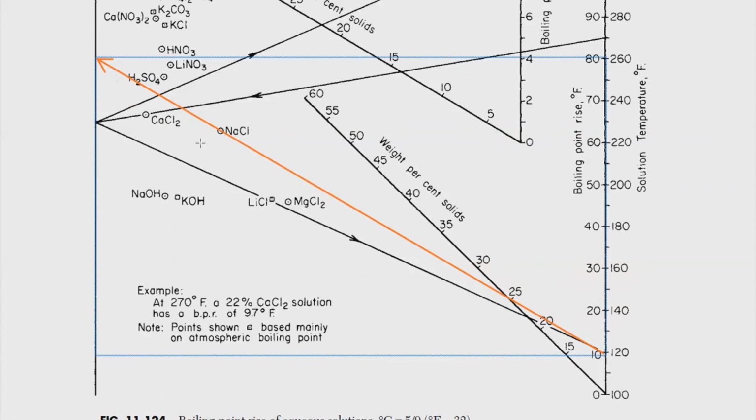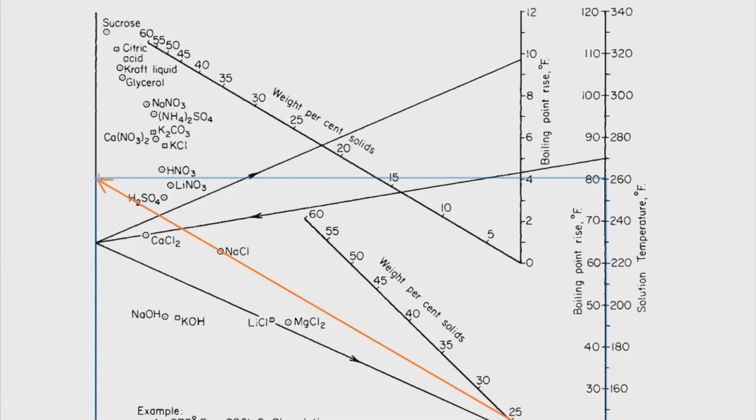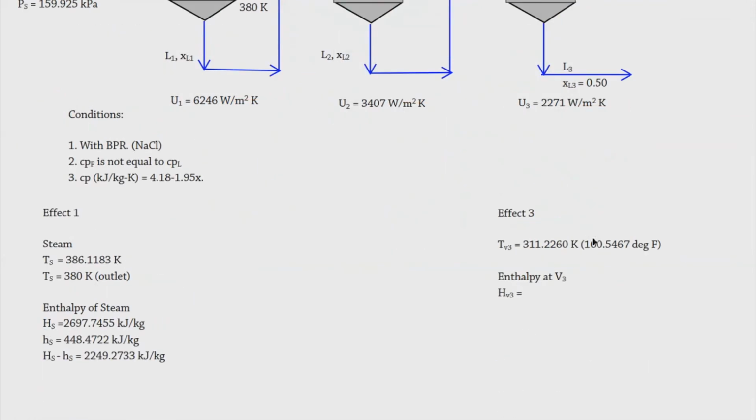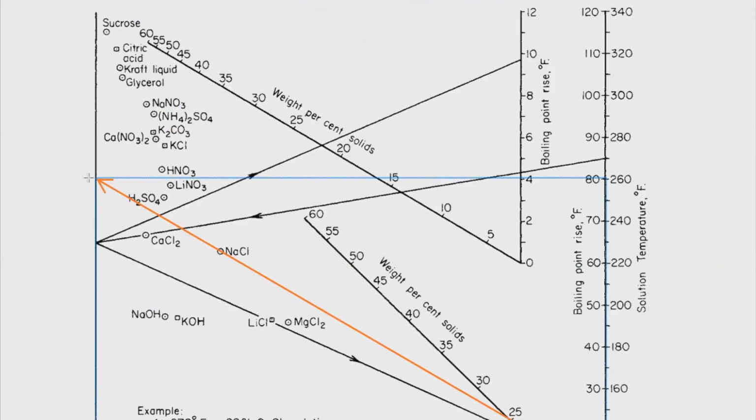So, let's try 120. So, BPR natin assume is 20. So, we project this to sodium chloride. Okay? And then we go back to the concentration dun sa liquor natin. And the concentration sa liquor is 50%, so that's 0.5. So, you go back to 0.5.